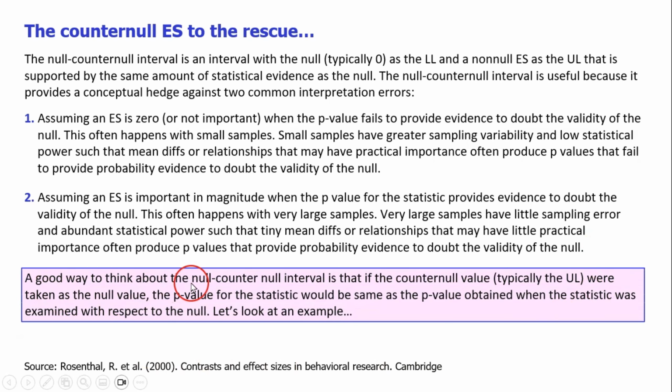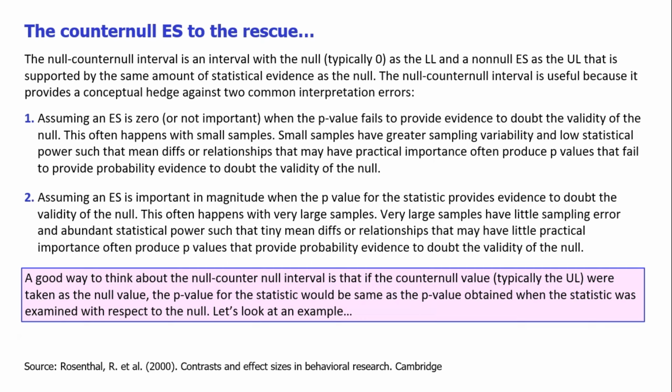So a good way to think about the null counter null interval is that if the counter null value, which is typically the upper limit (the lower limit is typically the null, which is usually 0), were taken as the null value, the p-value for the statistic would be the same as the p-value obtained when the statistic was examined with respect to the null. Now I know that's a mouthful. Well, not only a mouthful, it's just a hard one to wrap your head around.